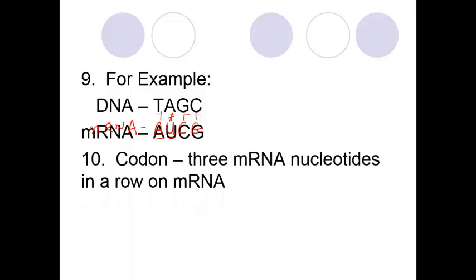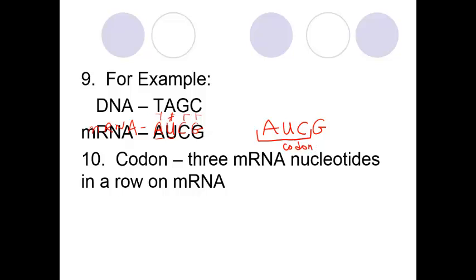And we're also going to use some new vocabulary as we go through transcription and then translation. And one of those words is called a codon. A codon is 3 mRNA nucleotides. So if I rewrite this so it's a little easier to see, AUCG. Every 3 nucleotides is called a codon.